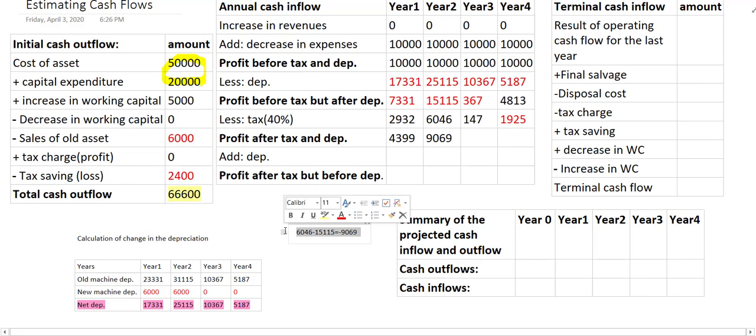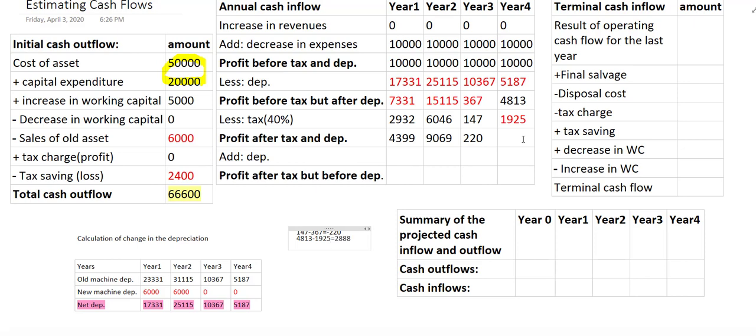For the next year, let us calculate. 147 minus amount of 367, right? Equal to 220, as the negative. And for the last year, 4,813 minus the amount of how much tax we paid? 1,925. 1,925 is the amount that we paid as a tax.